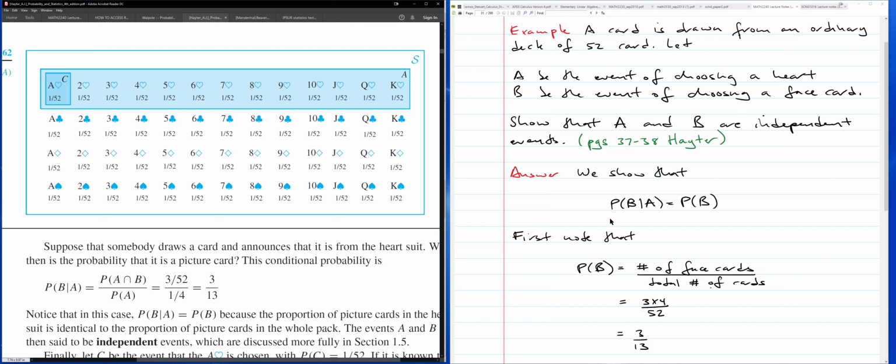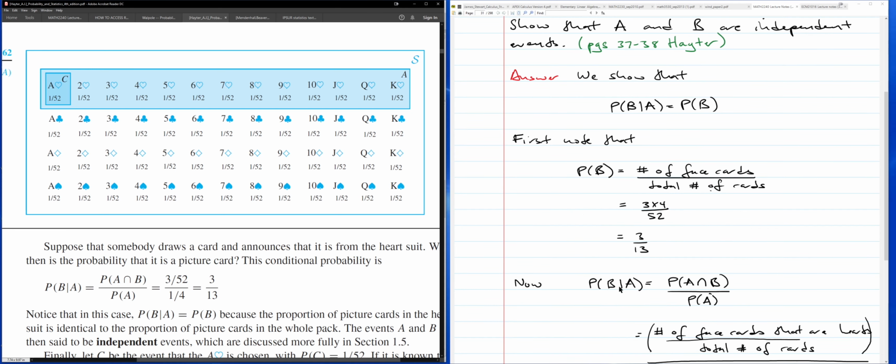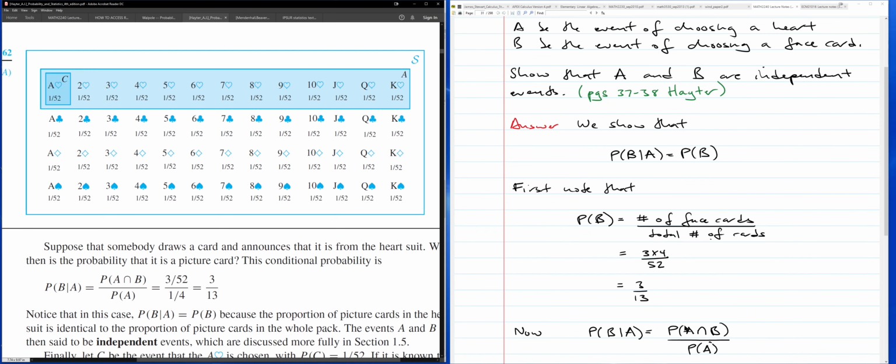And now what we want is conditional probability. So for a conditional probability, what we need to remember is your definition: the probability of B given A has occurred is calculated as the probability of A intersect B over the probability of A. Okay, so what is the intersection?